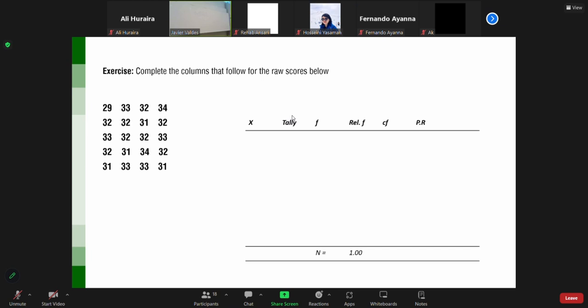For the percentile rank, it's pretty similar. What is the percentage of individuals in a sample that have a score of 33 or less? Or sorry, 34 or less? 100. 33 or less?